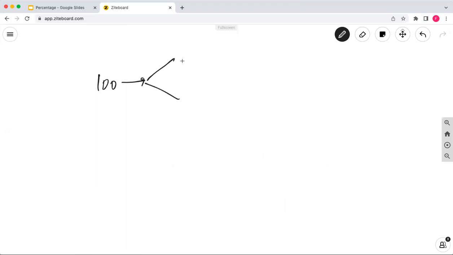So for physics, there are 75 students, and whatever the other subjects are, there are 25 students.